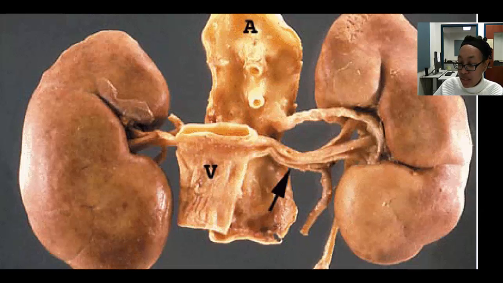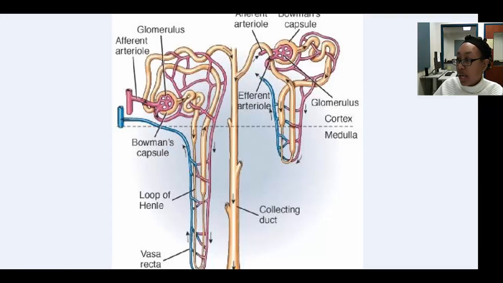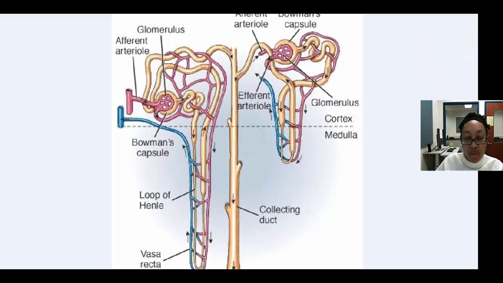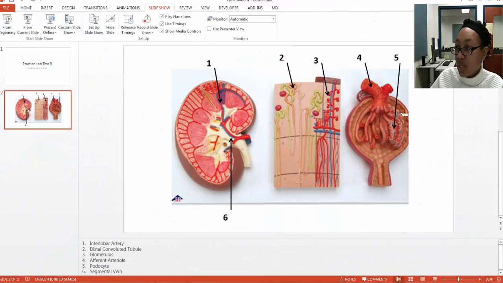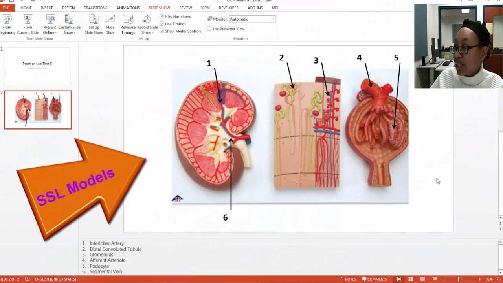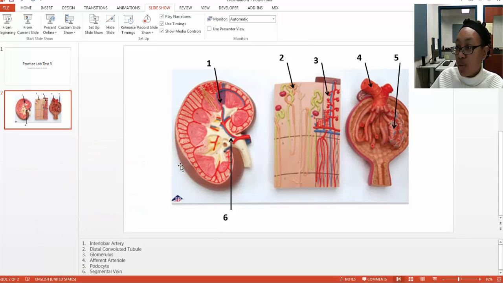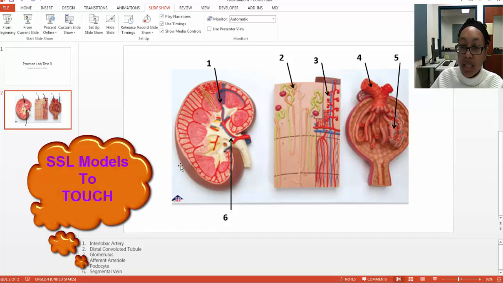such as this one of the kidney, as well as with artist hand-drawn pictures, such as this one, and of course with models, such as those in your practice PowerPoint slides, which are also located in your lab for you to touch and manipulate and turn around and think about the structures in that manner, that tactile sense as well.